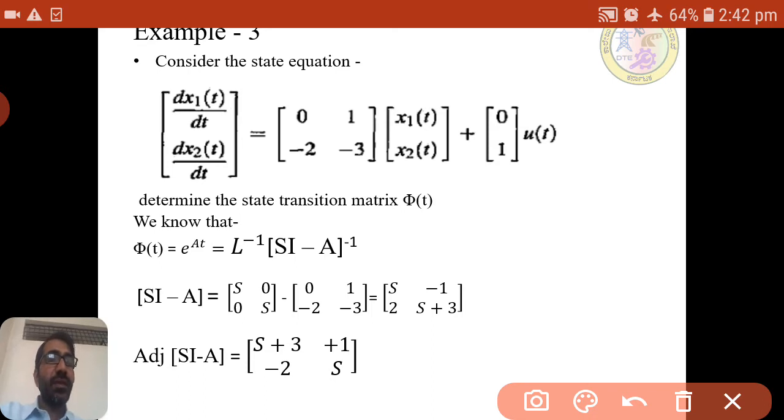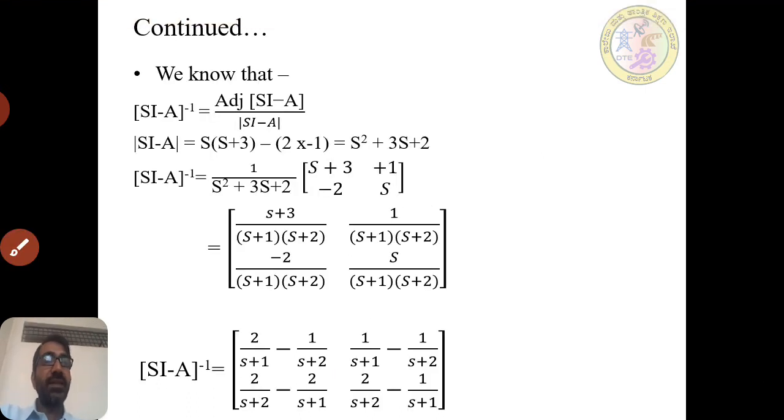So it is s plus 3, 1, minus 2 and s. Okay, this is directly the adjoint of sI minus A.